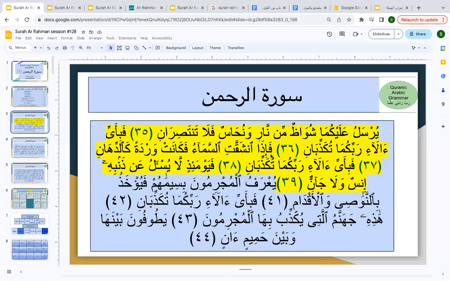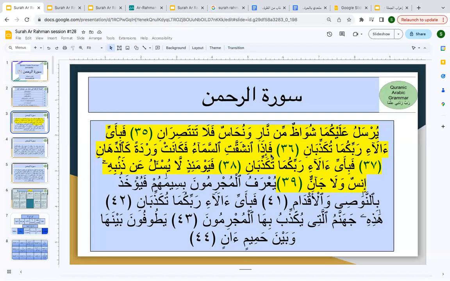And since we have a sentence beginning with idha, idha shaqqat, the number one type of idha that you are going to come across in Quran, there are other types of idha as well, but here, this idha that we are seeing is ismiya, shartiya, zarfiya.